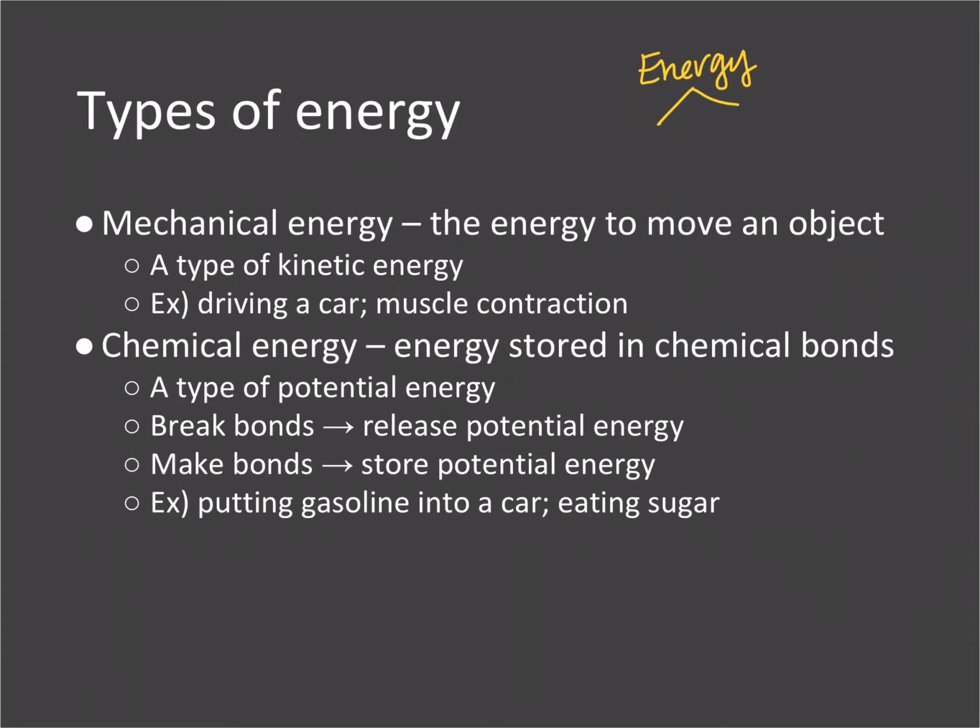So we have kinetic and we have potential energy. Well, there are some subtypes of kinetic energy and some subtypes of potential energy. And the ones that we're going to focus on in this lesson, the subtype of kinetic energy we're going to focus on is something called mechanical energy.